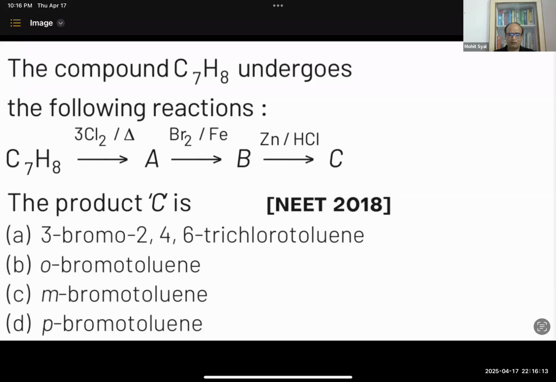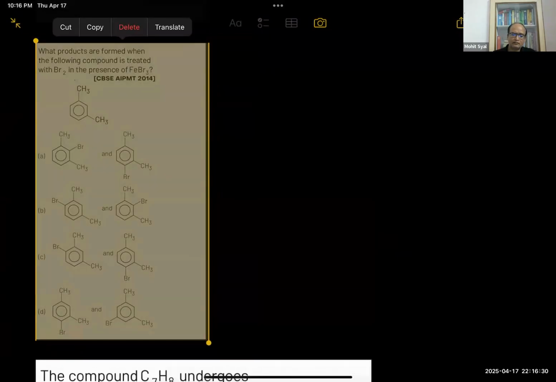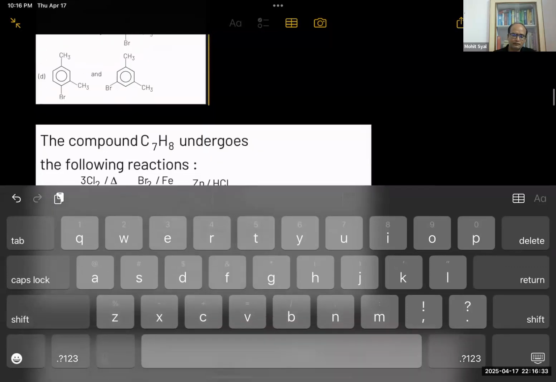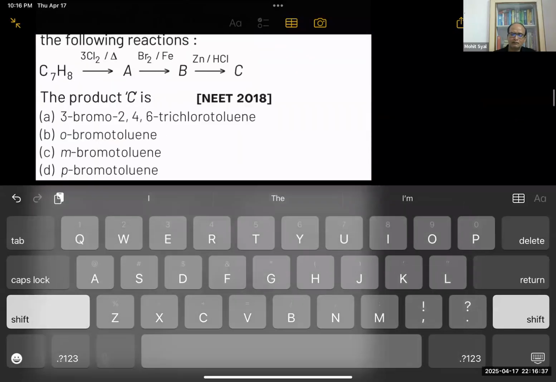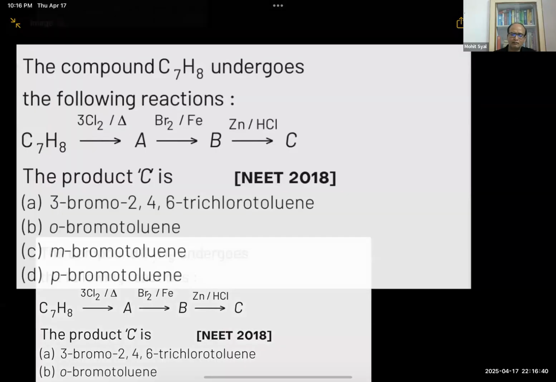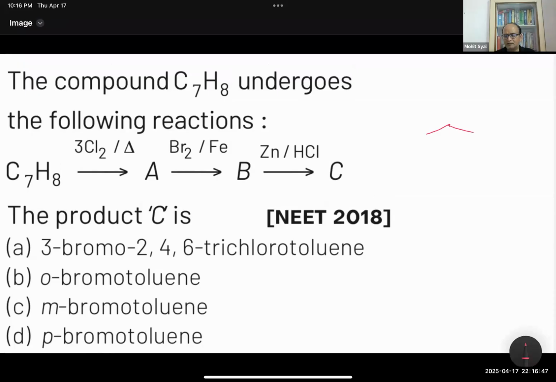What is toluene? What does it mean? In the options, you need to keep an eye on the options also, so that you don't go wrong. So what is toluene? Sir, toluene is benzene with a methyl group. Yeah, methyl benzene.